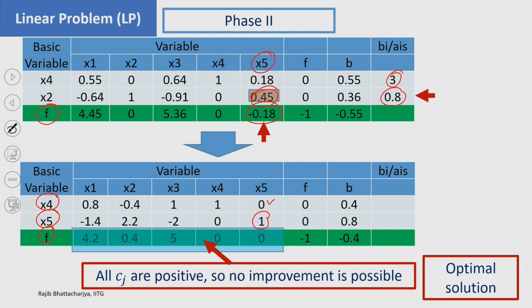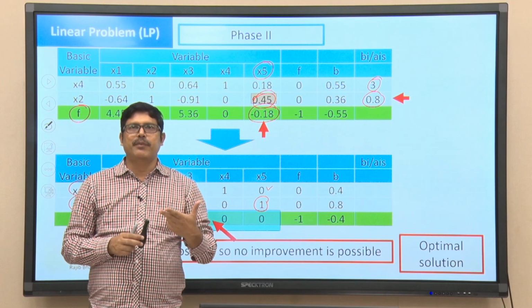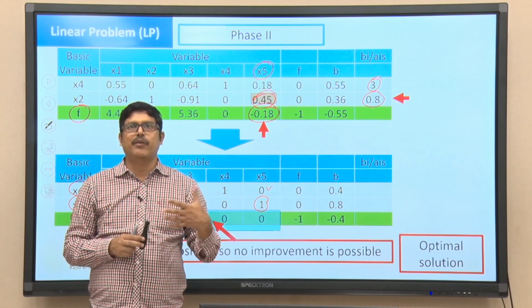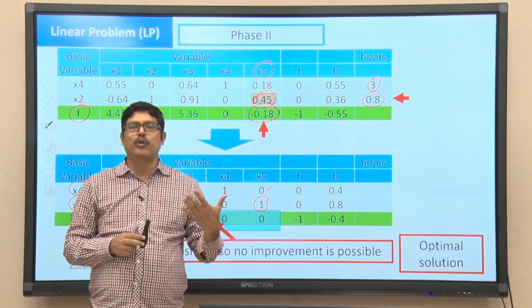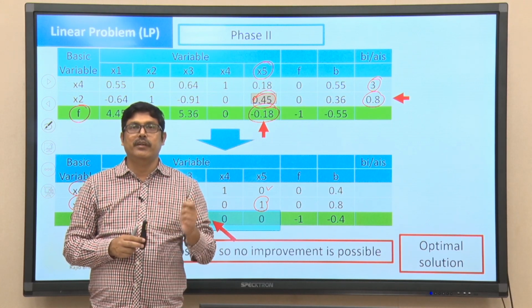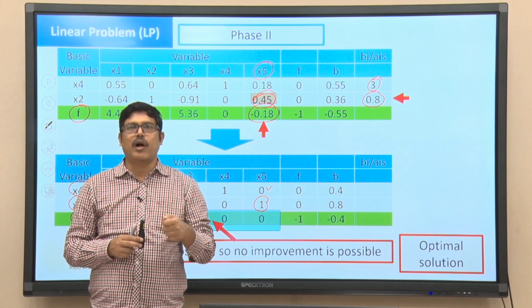In this case, we have considered two artificial variables, that is y 1 and y 2, and we call it a two phase problem. In the first phase, the idea is to remove the artificial variables. So, we have an objective function, that is w equal to y 1 plus y 2, and I would like to minimize this objective function in order to remove the variables y 1 and y 2.